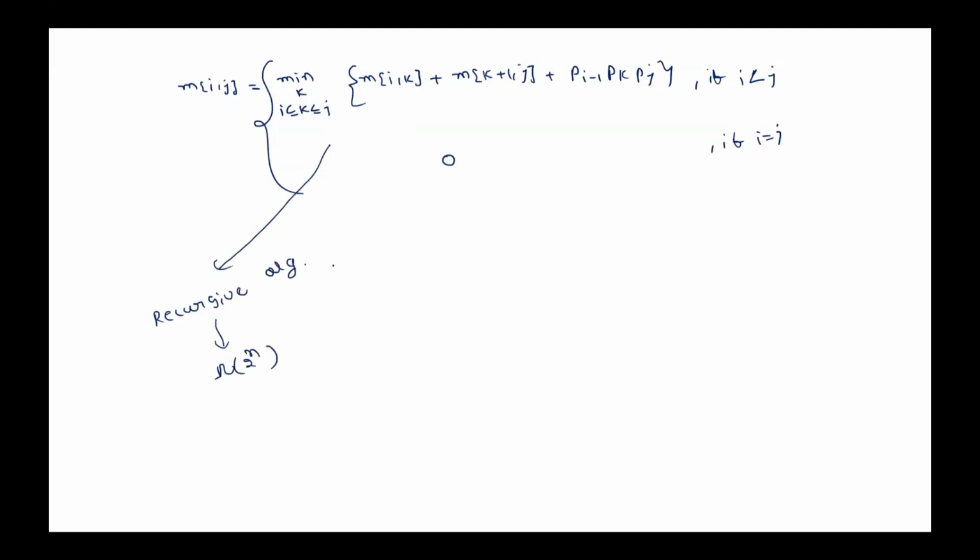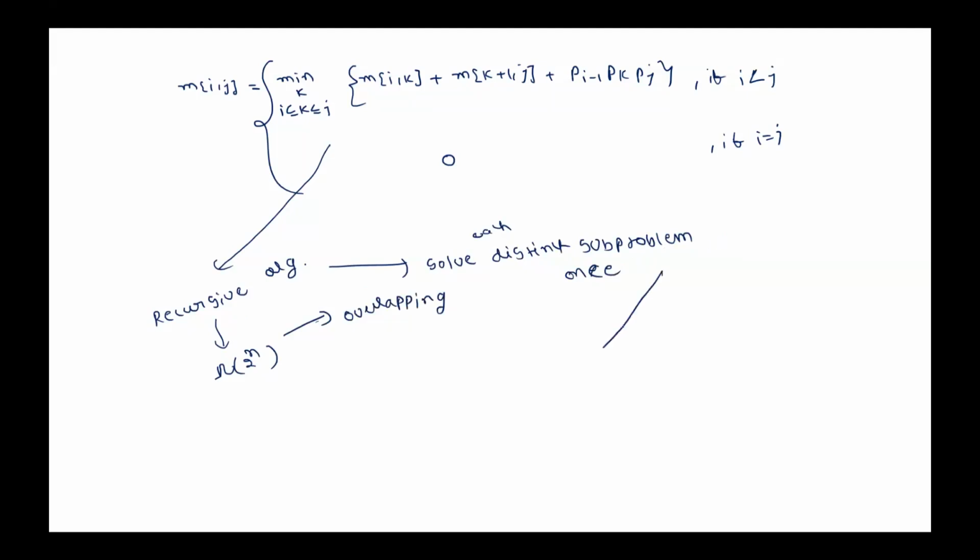Then what have we ensured? We solve each distinct subproblem once. Why? Because here we got to know that there are overlapping subproblems.